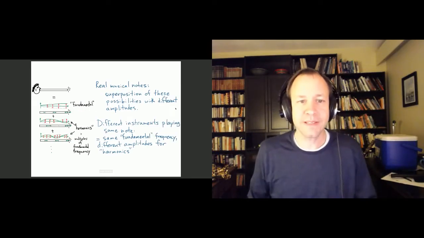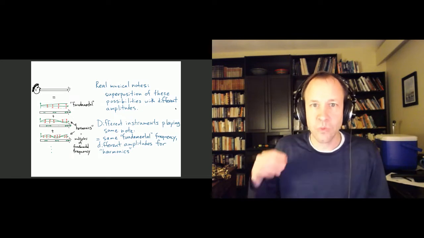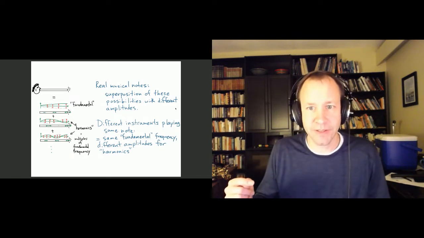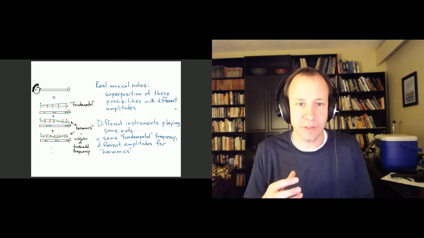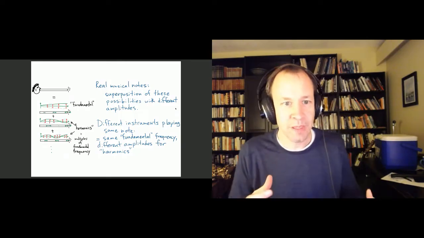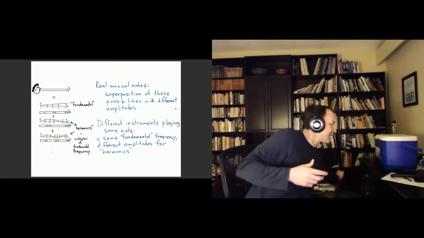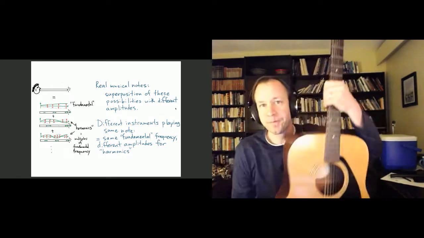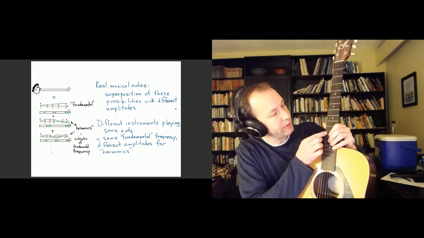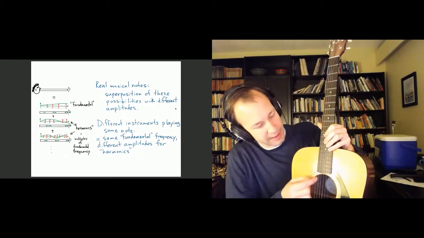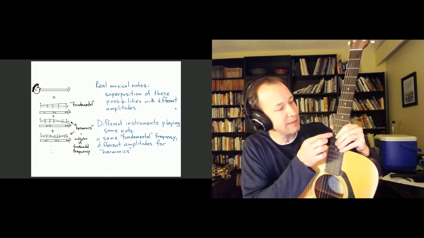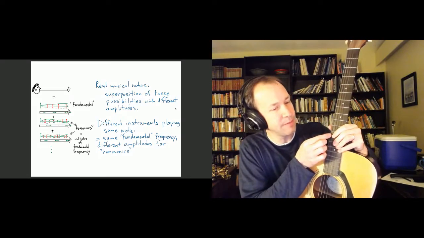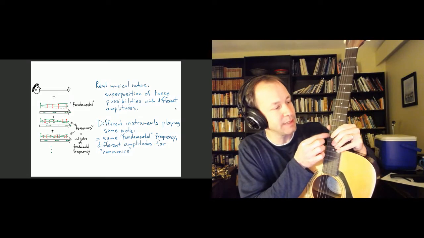So the reason is that when I play a note on a musical instrument, it is not just the fundamental frequency that we're hearing. So let's take the example of the guitar string. You could pluck the string, and I showed you the other day how you could pluck it very gently in the middle and mostly get the fundamental frequency.